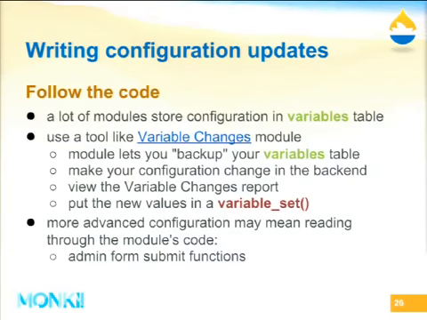For modules that don't store their configuration in the variables table, it can be a bit trickier to figure out how to save the new change, like where it goes, what code we use to make that happen. In a lot of cases, the best way to find out where that stuff is stored is just to read through some of the code of the module. You don't really want to read through all of the code from some contributed module just to find that out, though.